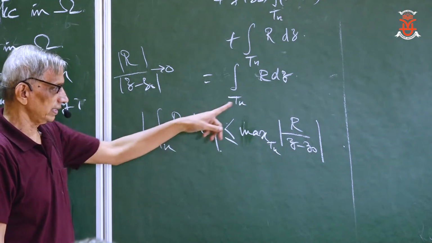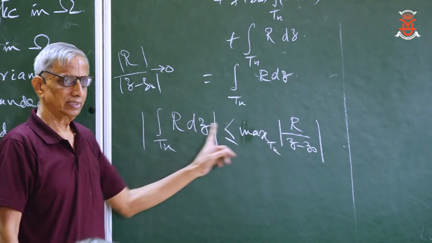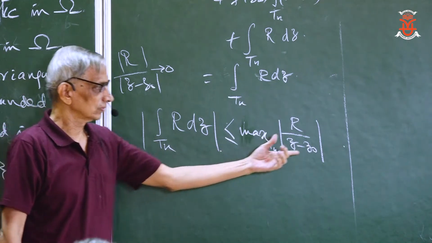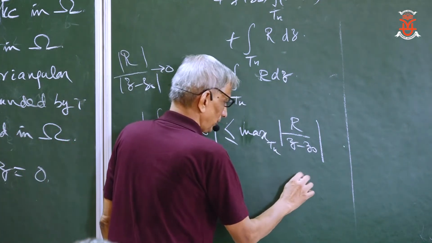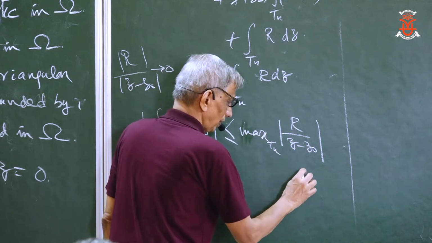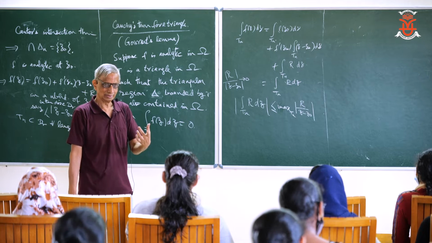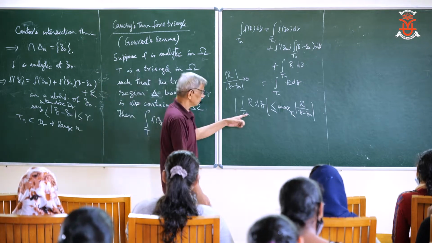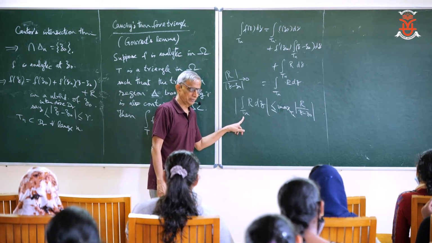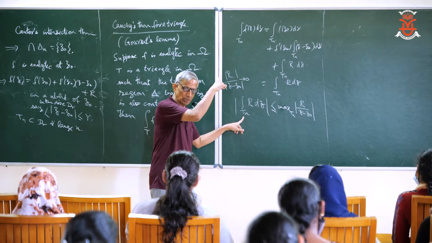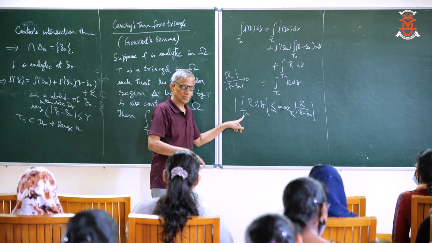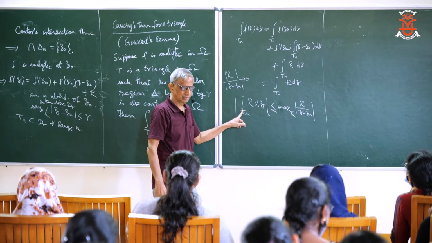So R you write as R over z minus z naught times z minus z naught, into mod z minus z naught. Right? So z naught is inside Tn, and z is on Tn, since we are integrating on Tn.